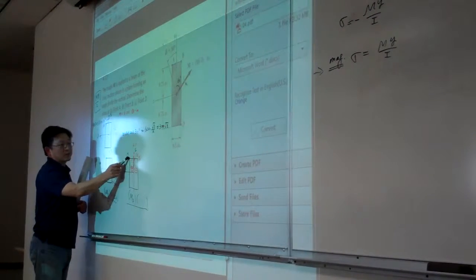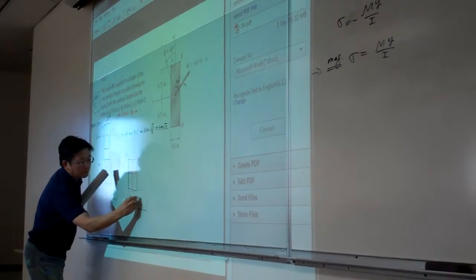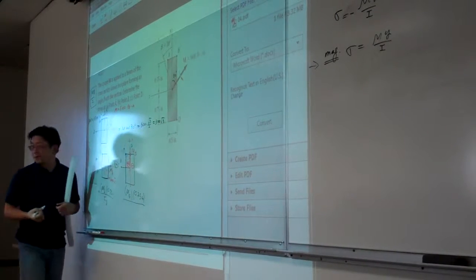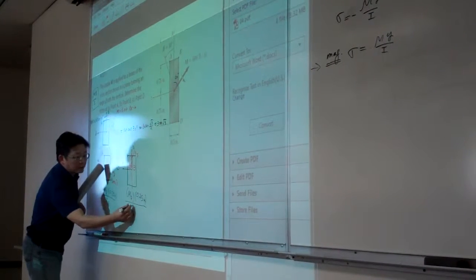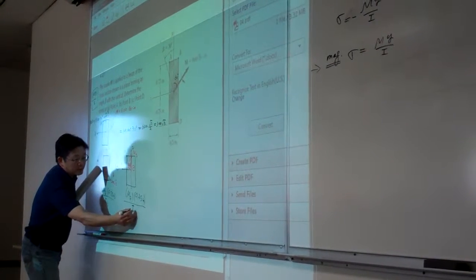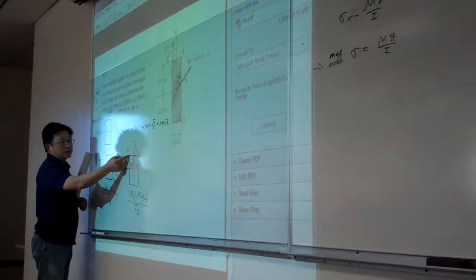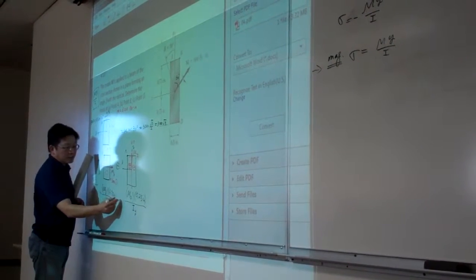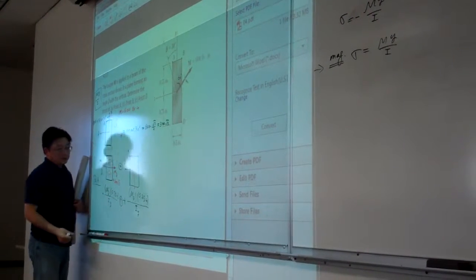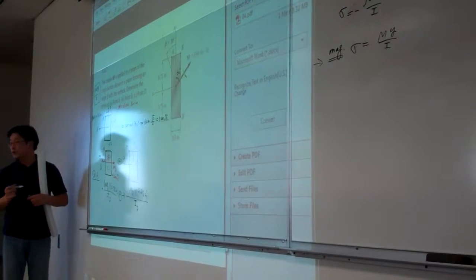So that is this dimension here, is 0.25. Okay, and I is the moment of inertia with respect to the neutral axis, which for this case is y-axis. And for this case, A is in the positive, in the tension, so this is one positive. And now we take the superposition.